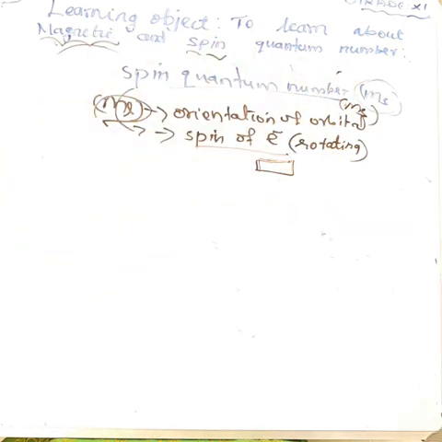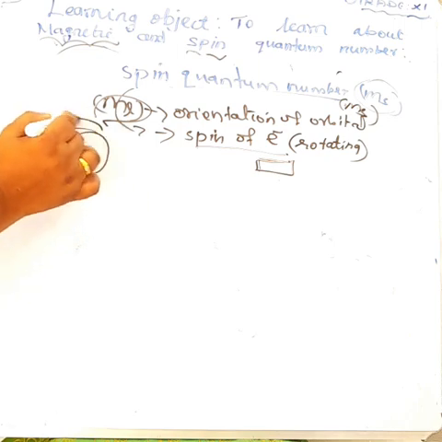We know the electrons revolve around the nucleus in a circular path. Already we learned that.